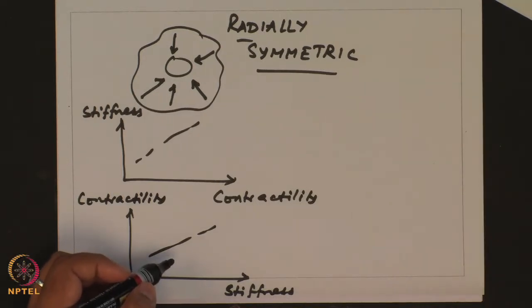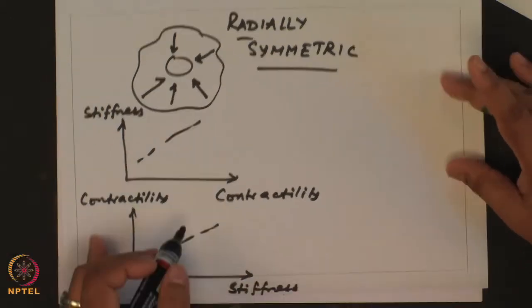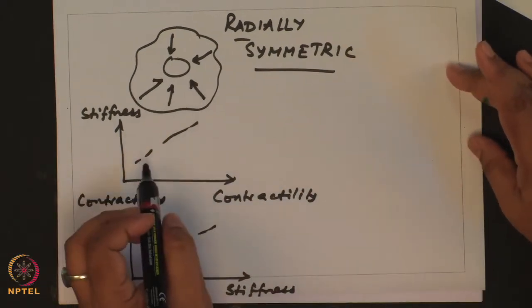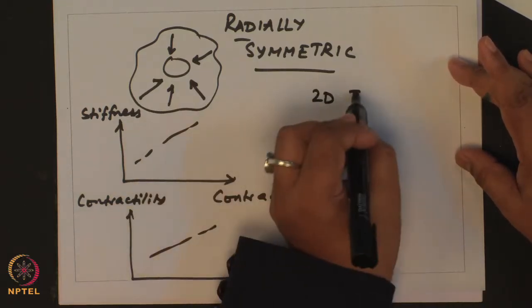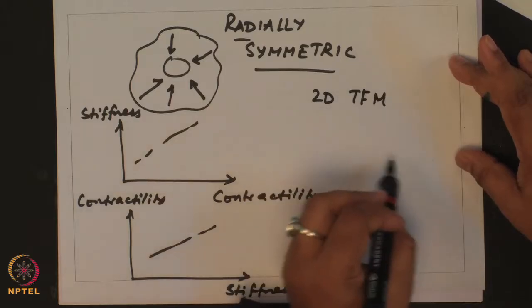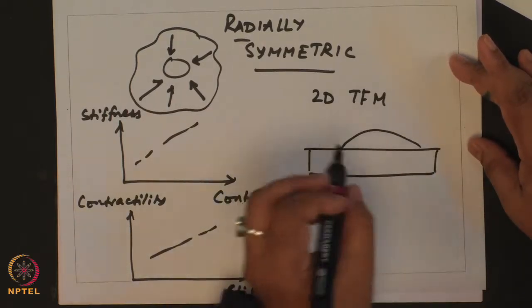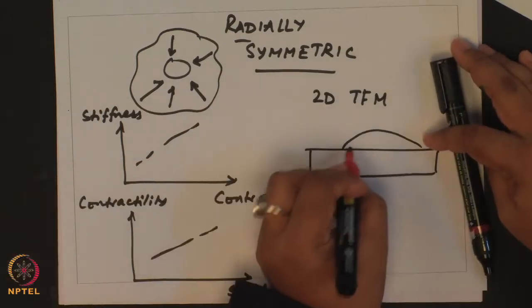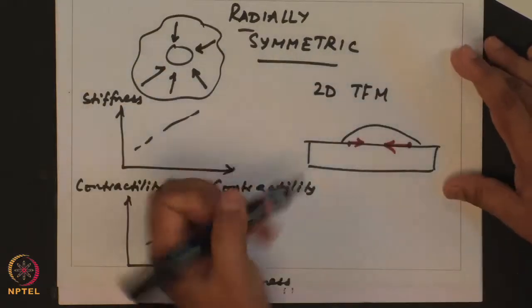So, this approach is very powerful, but this particular type of traction force microscopy that we discussed is called the 2D traction force microscopy. What it assumes is when you are having a cell on a substrate, the cells are exerting inward direction forces in the xy plane.